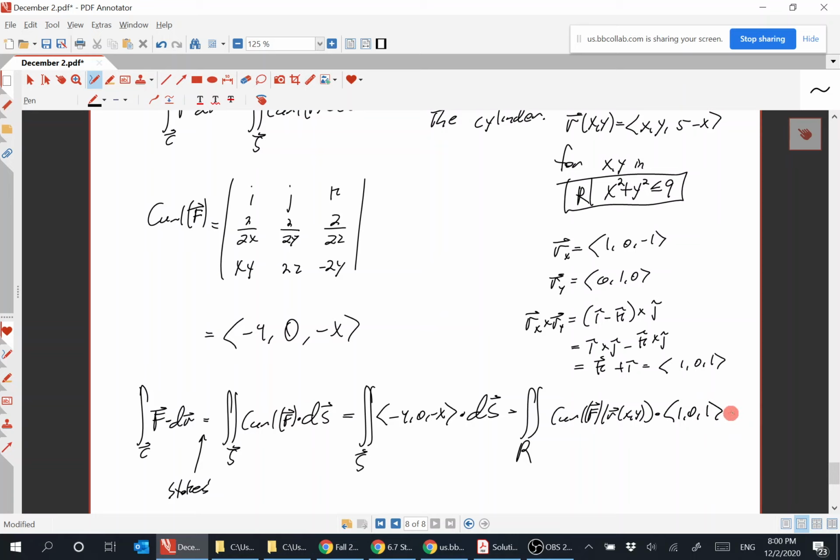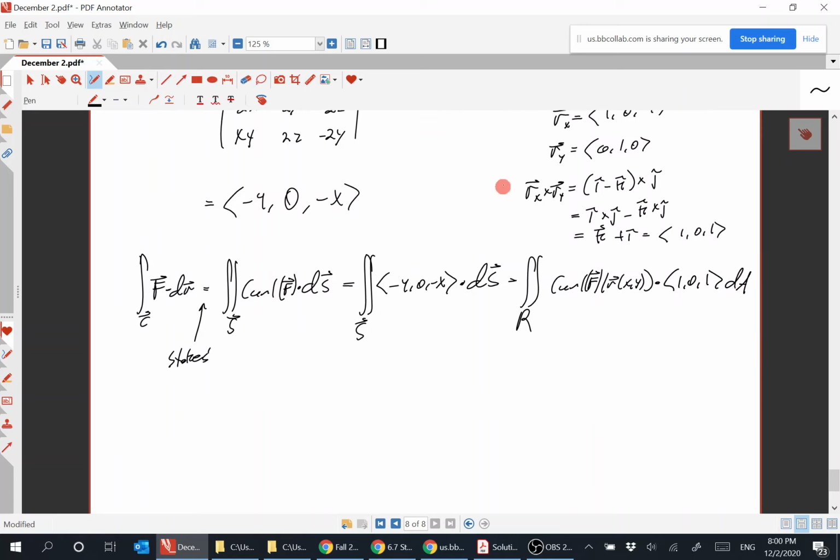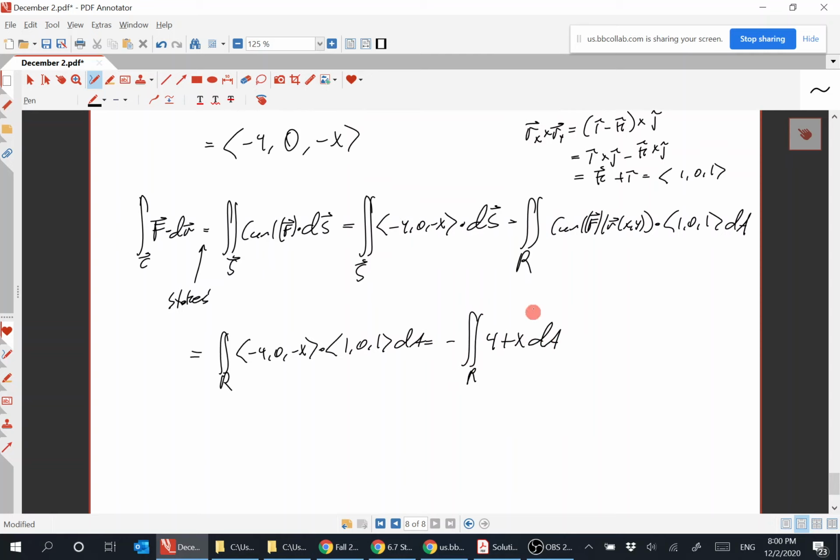Dot 1, 0, 1 dA. So this is equal to the double integral over R. Curl of f, that's just this. x is x, y is y, and z is whatever it was, but there are no z's. Dot 1, 0, 1 dA. So this is minus the double integral over R of 4 plus x dA.